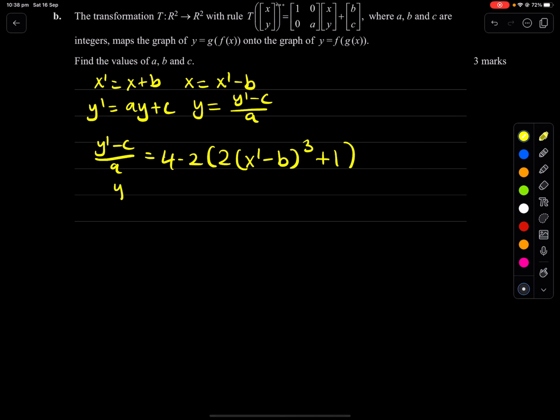Let's just expand it. So y minus c equals a, 4 minus 4, x minus b 3 minus 2.